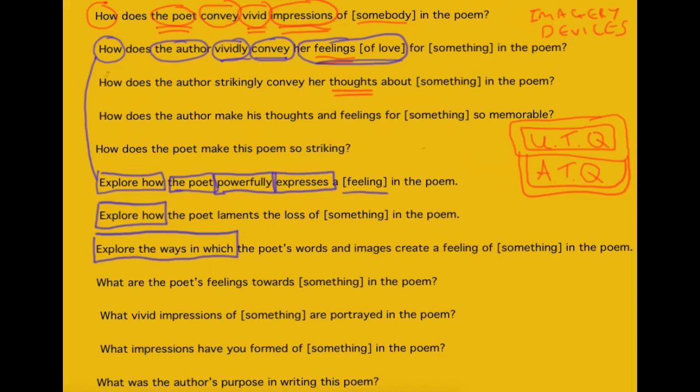But the same thing. Understanding those key words in the question means that we will then be able to structure our answer to address each of those key points. And then looking a little bit further down, we have the what questions.